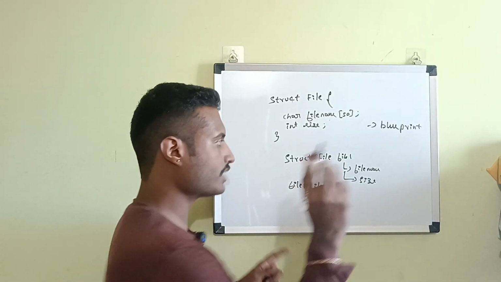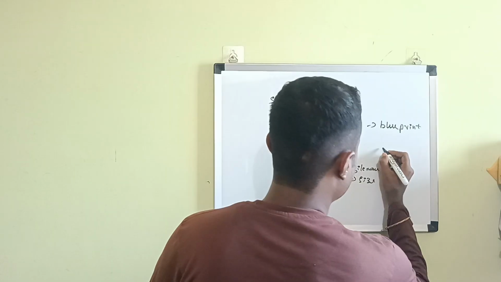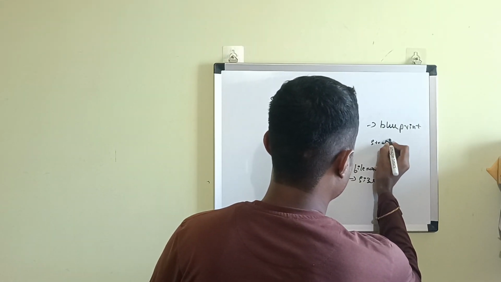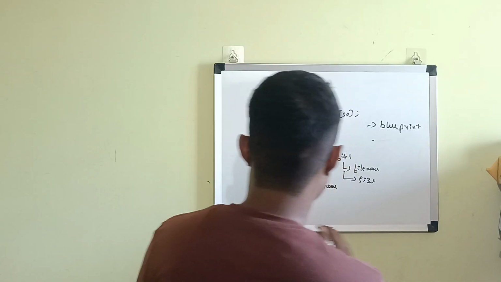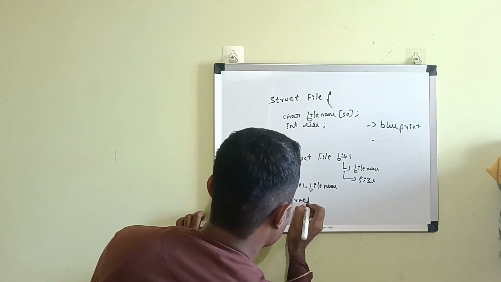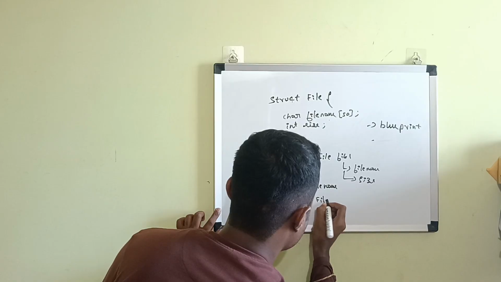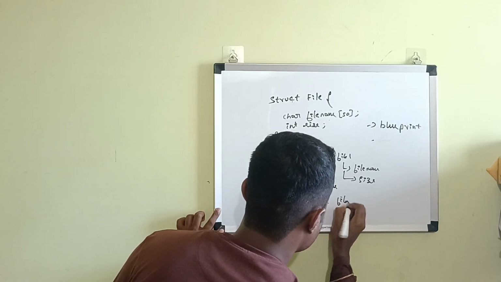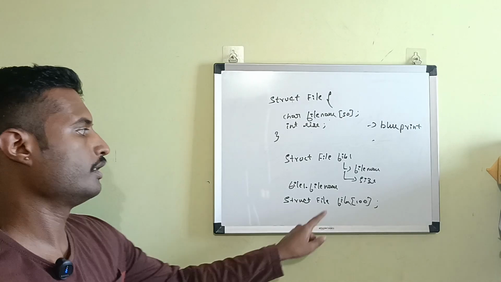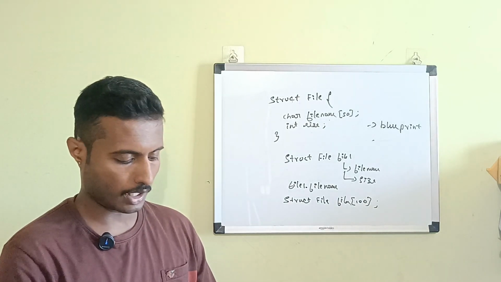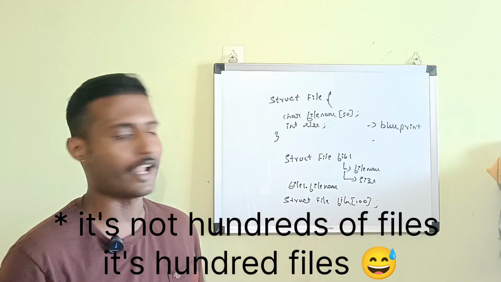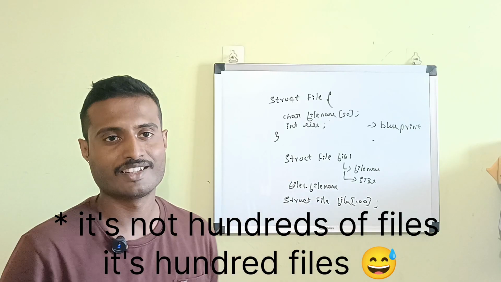And the solution is arrays. We can use the array, right? Struct, sorry, wait, I'll write somewhere here. struct file files[100]. We get hundreds of files, literally, 100 files we get.